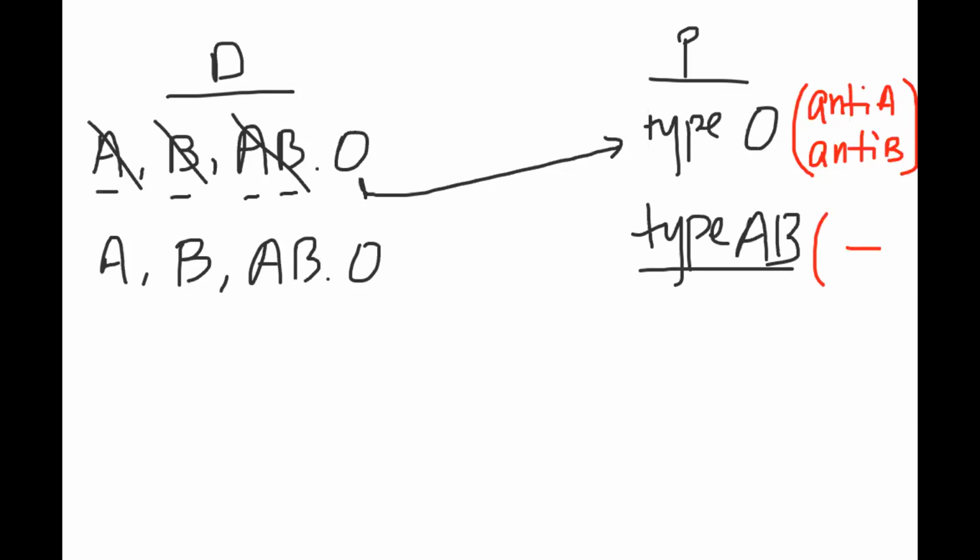Nothing. No anti-A, no anti-B, right? So if there's no anti-A or anti-B against these antigens, then all of these can be used, because all of these RBCs coming to the patient's side can survive. There's no antibody against either one of those.